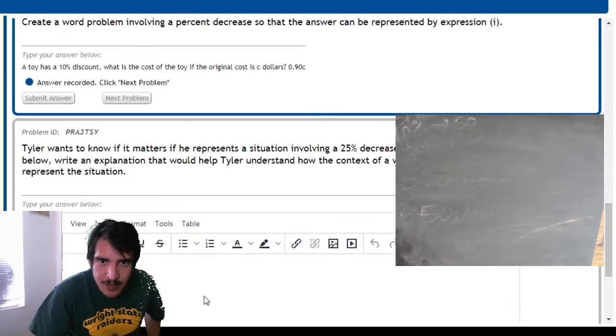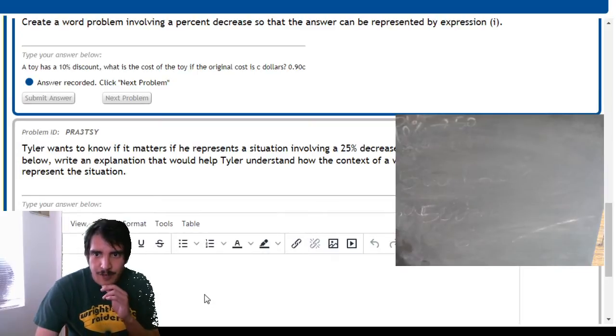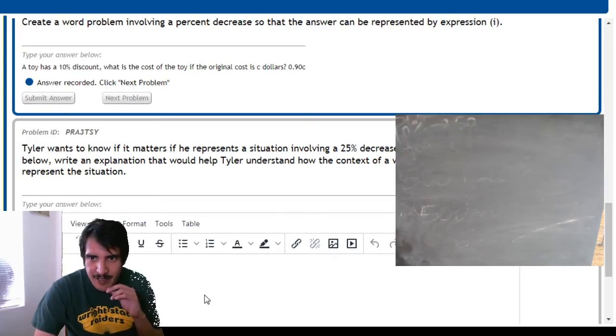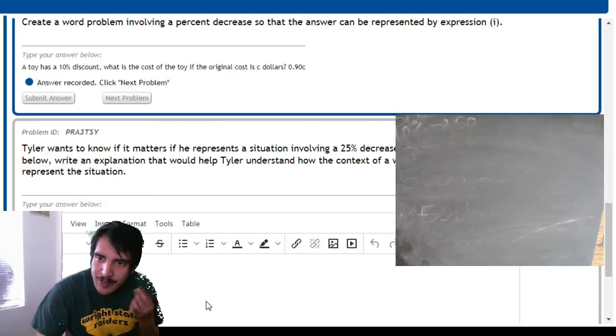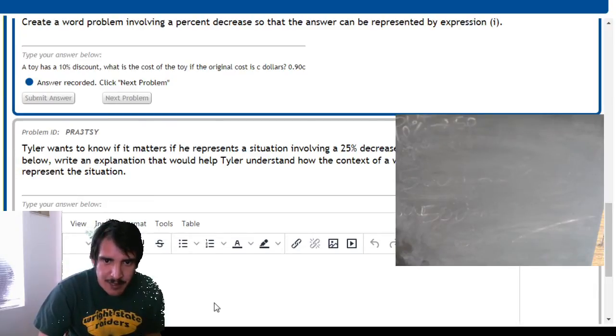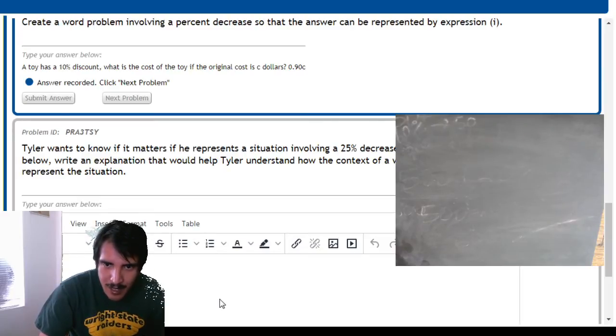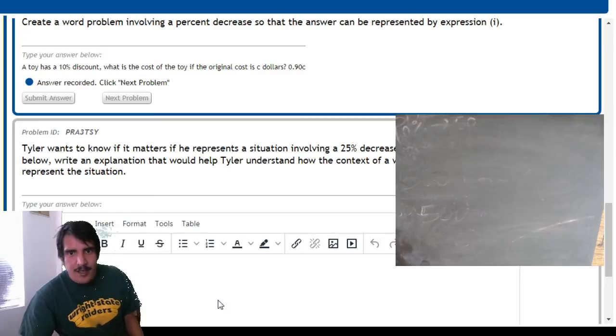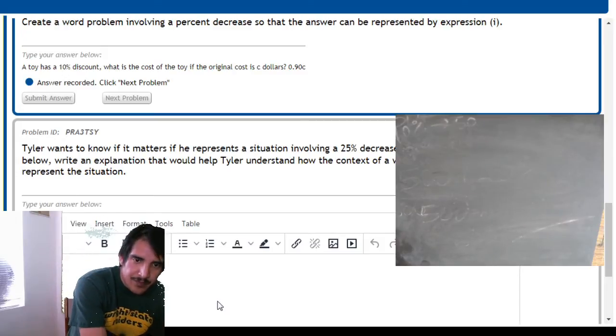Tyler wants to know if he represents a situation involving a 25% decrease as 0.25x or 1 minus 0.25x. In the space below, type an explanation that would help Tyler understand the context of the word problem. Okay, so it does matter which expression you use.